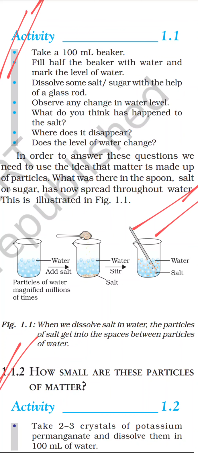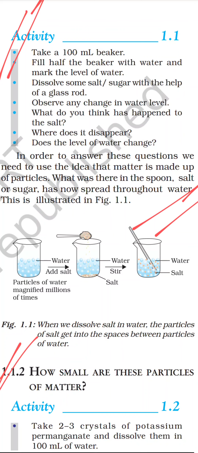What was there in the spoon, salt or sugar, has now spread throughout the water. This is illustrated in figure 1.1. Here, three beakers: first, particles of water magnified millions of times.